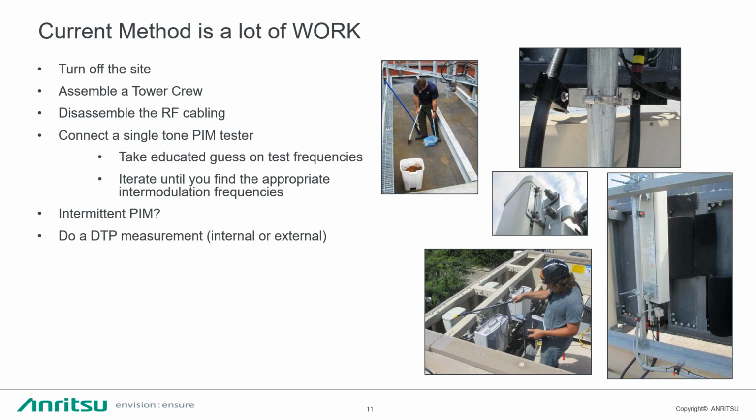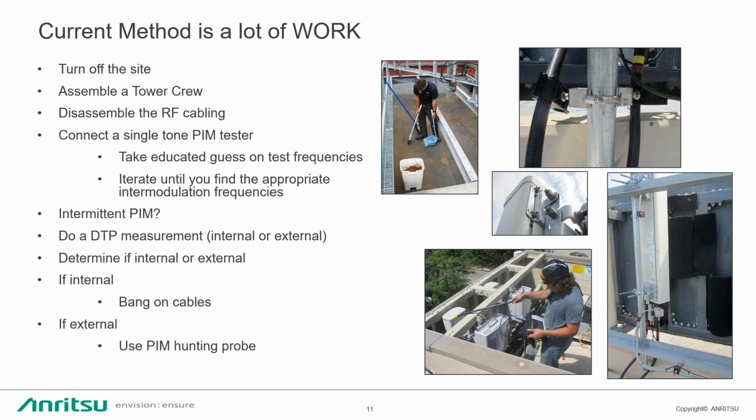You need to do a distance to PIM measurement and determine if it's internal or external. If it's internal, you bang on the cables, which is a sort of industry term, or maybe check the torquing. If it's external, you use a PIM hunting probe like I show in the picture here. It's pretty invasive, and at the end of the day, it's a lot of work.